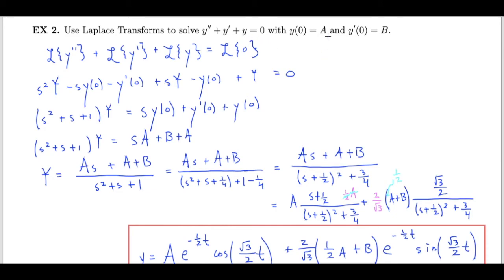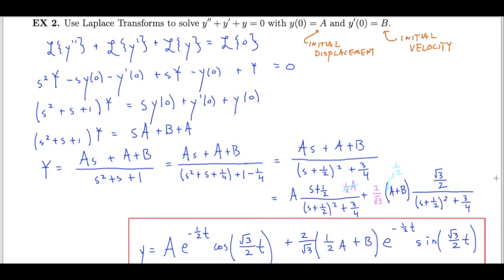From that perspective, y of 0 would be like the initial displacement, and then y prime of 0 would be the initial velocity. So one way to interpret our solution is the behavior of the mass under the circumstances in which the units are chosen in such a way that each of my parameters comes out to be exactly +1.